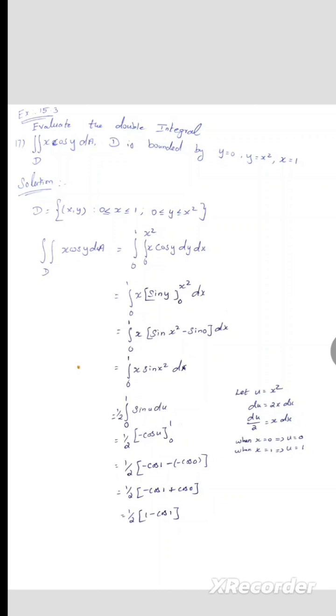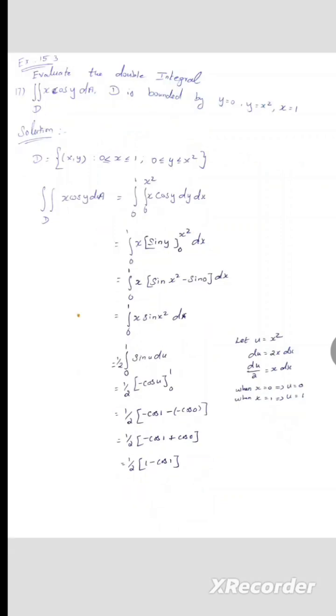So how to integrate this? We cannot integrate directly the integral of x and the integral of sin x square separately. We should not do that. So we have to use the substitution method here. For the substitution method, we are assuming u is equal to x square. So we are integrating this with respect to x.